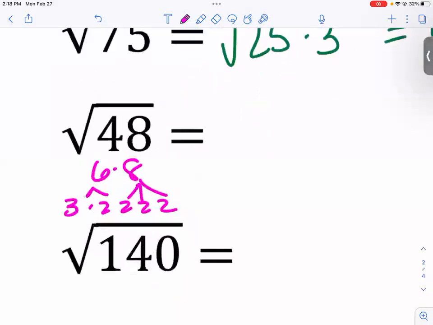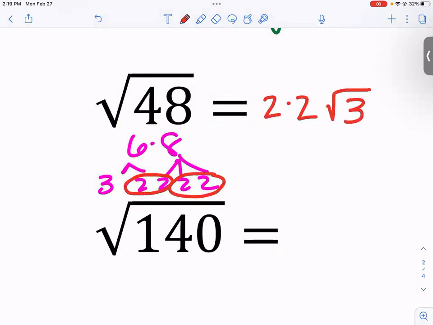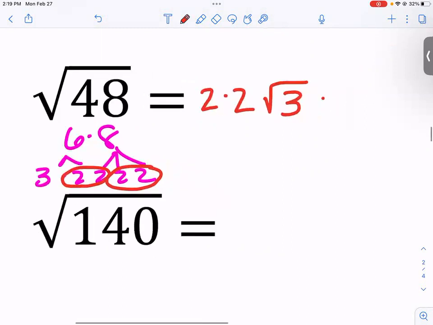You see that? Well, here's 2 squared. Here's 2 squared. And 3 is left alone. See that? Okay. So if they're trying to find perfect squares, yeah.